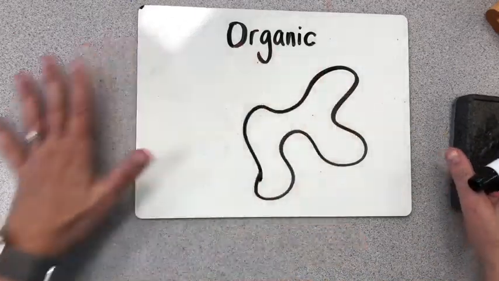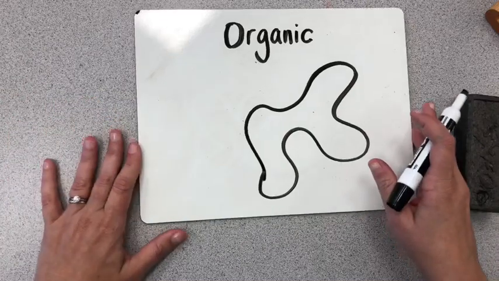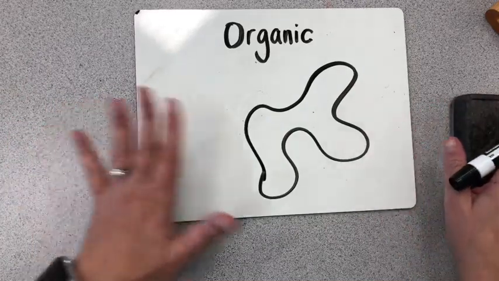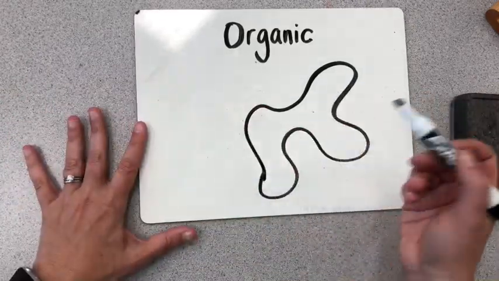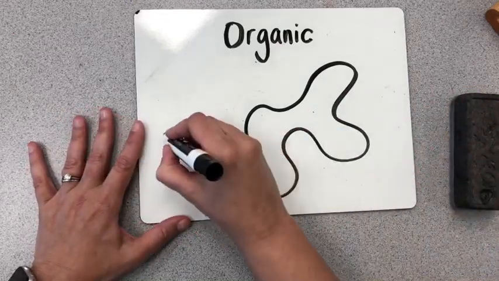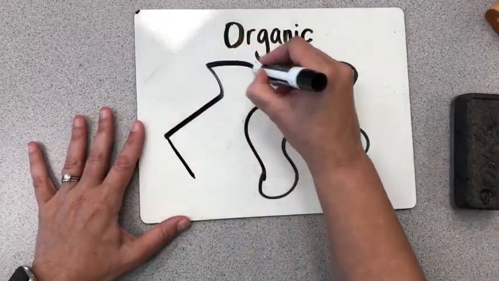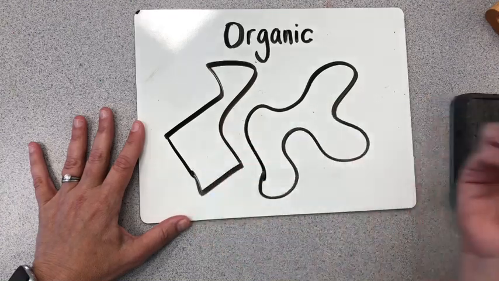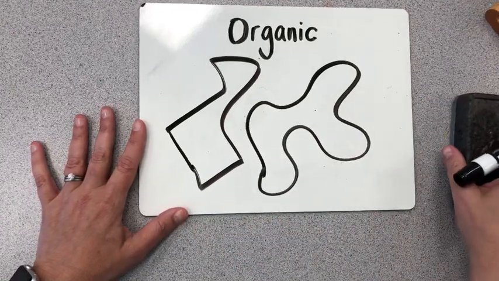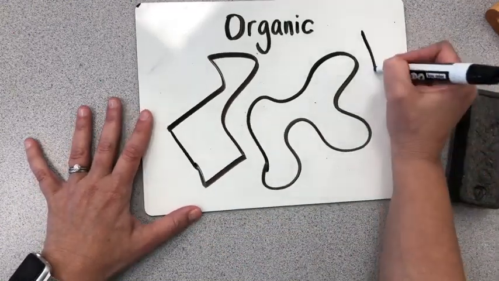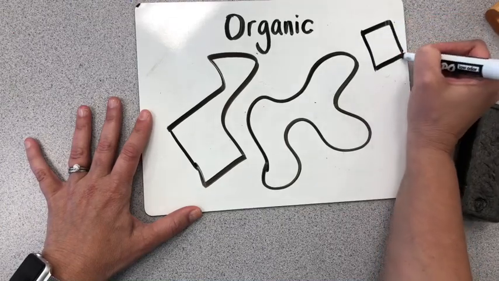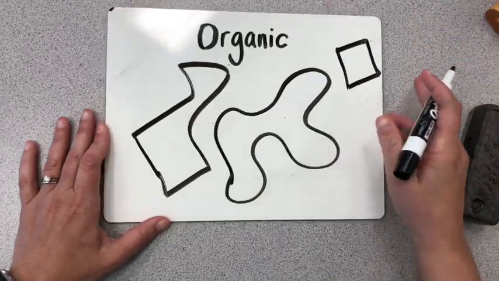It's two-dimensional, which any shape is going to be two-dimensional or flat and closed, and this shape does not have a name, okay? Okay, that is also an organic shape, okay? That is not an organic shape because it has a name.